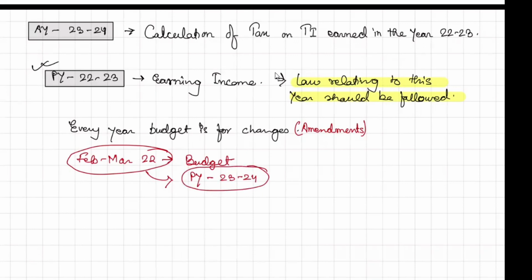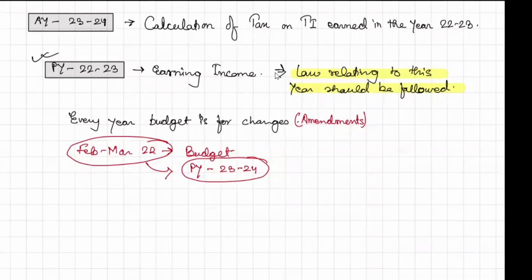Why so? Because by that logic, similarly, a budget was also introduced in the month of February, March 2021. Correct? A budget was also introduced over here.